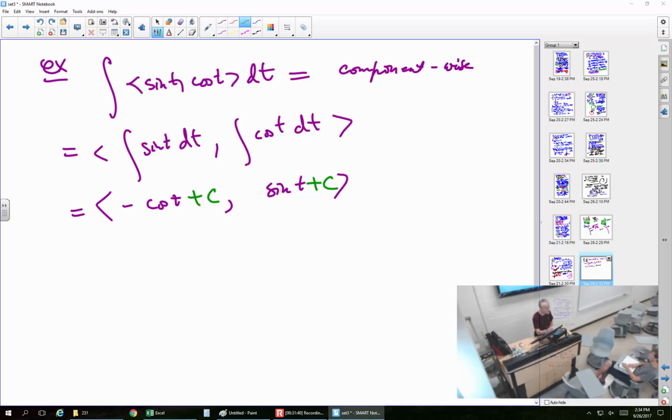Can we pull out the C? We could, yes. In fact, we will, but I want to deal with this first. There's something wrong with this. Is it that we're assuming it's the same C?